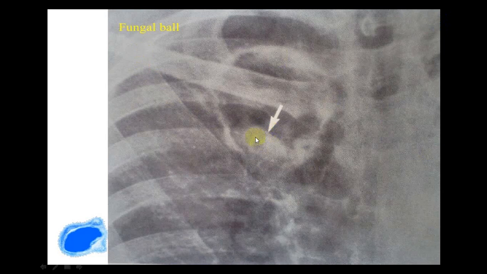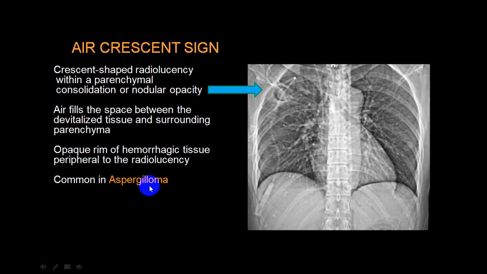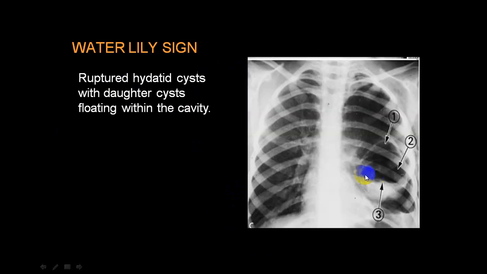This is a ball in a cavity. It is called fungus ball or aspergilloma. This is called aspergilloma, and this black line is called air crescent sign. This is a cavity in a hydatid cyst, and this is called water lily sign.